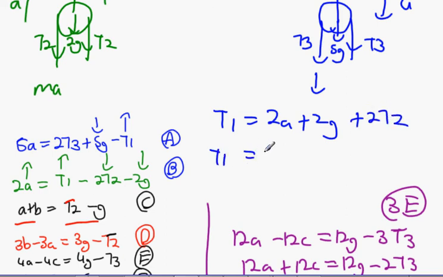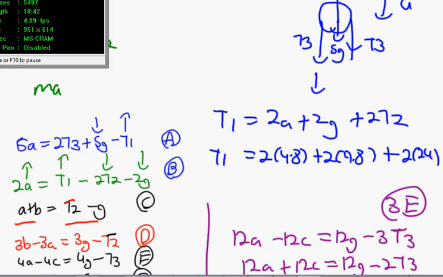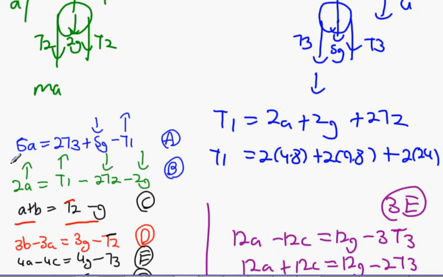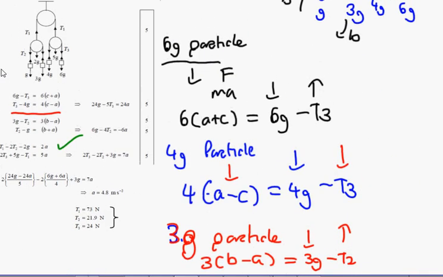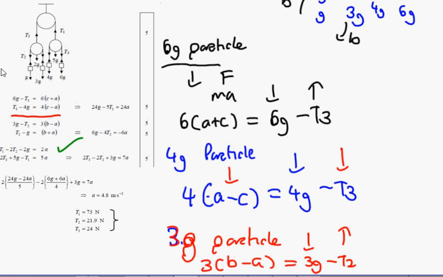It's going to be 2 times 4.8, 2 times 9.8, and then what's 2T2? What's T2 again? 24, was it? 2 times 24? So this means that T1 is 77.2, which is 77.2 or 73?